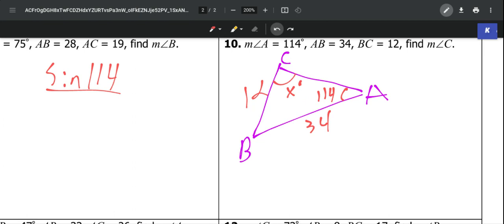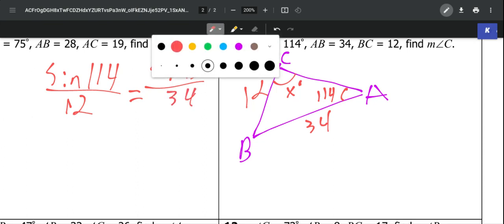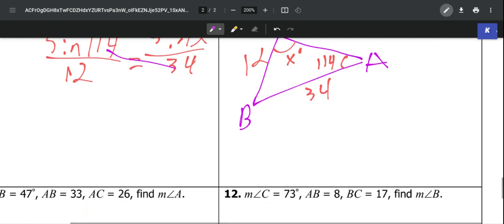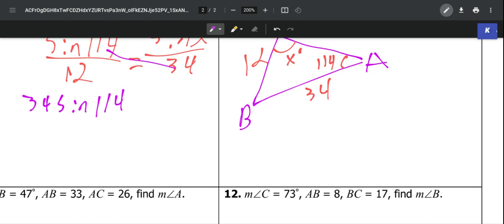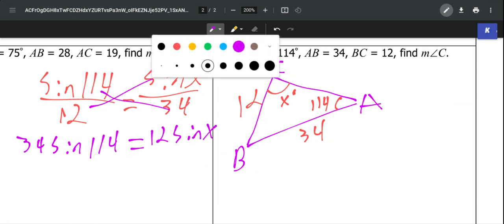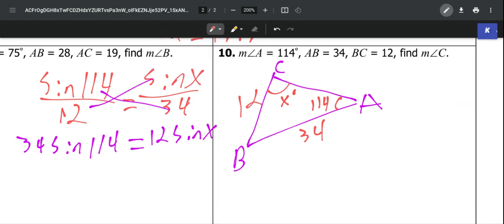So that's over 12, equal to sine of x, because x is filling in for our degrees, over the opposite of that, which would be 34. Then we're going to cross multiply. So we'll have 34 sine 114 equal to 12 sine x.